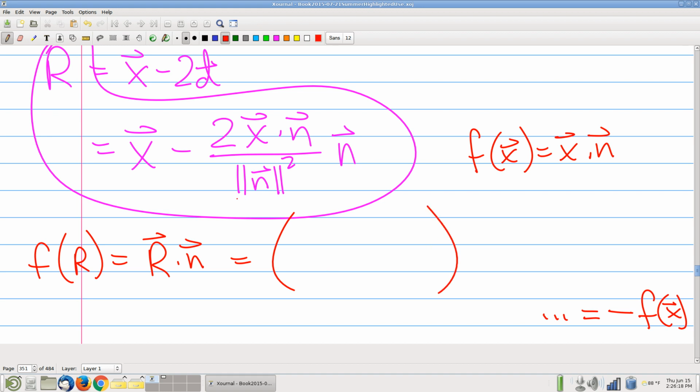My reflection is x minus 2 times x dot n over the magnitude of n squared times n. That's what I have to dot with n. So let's see, what do we get here?